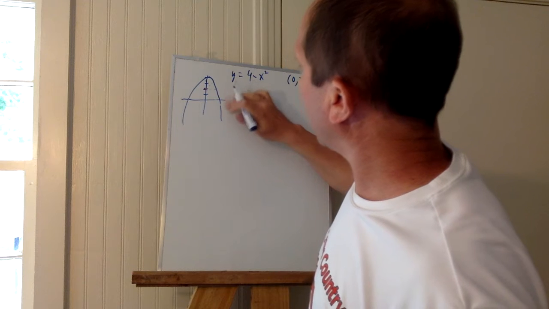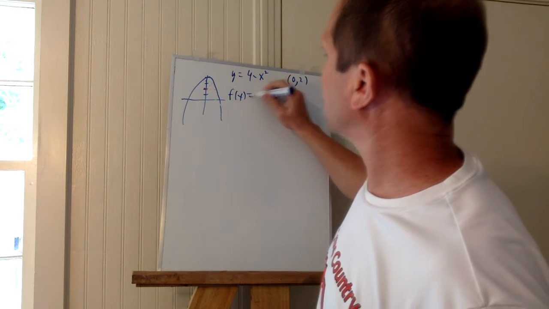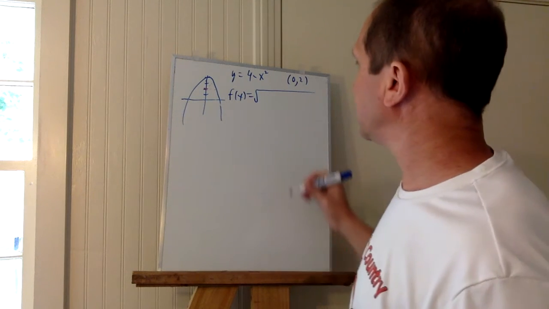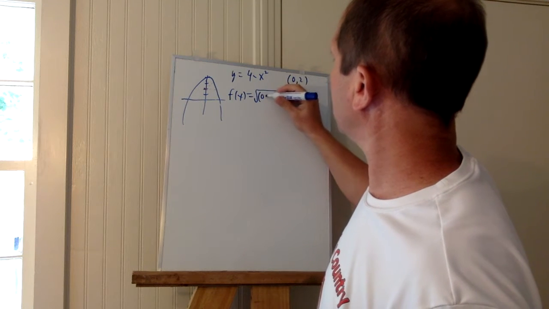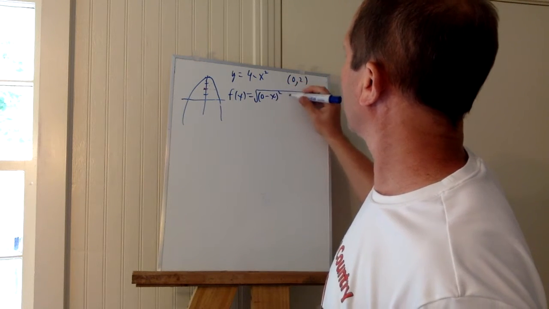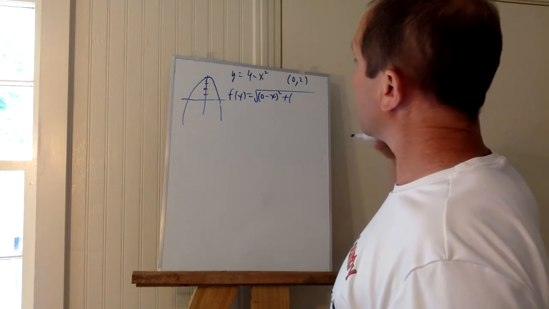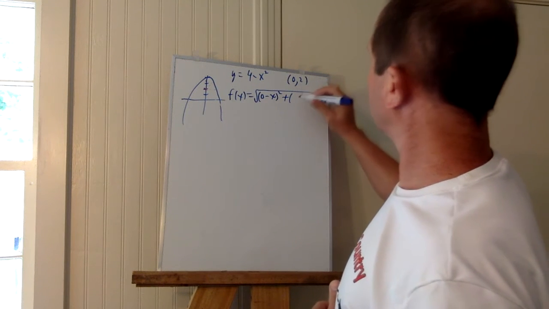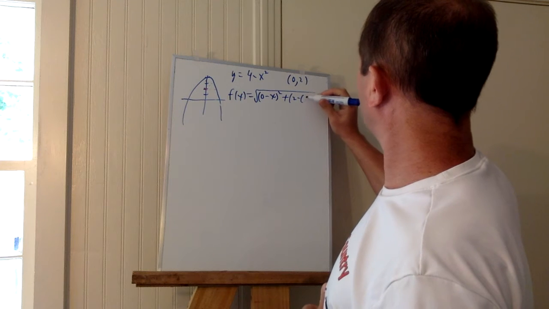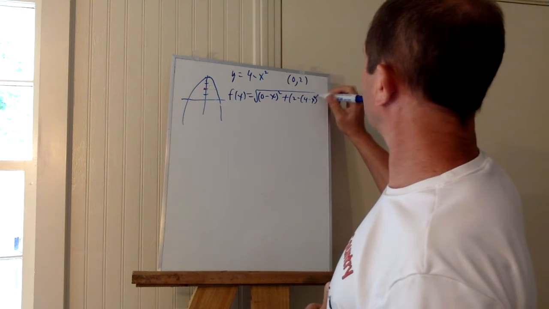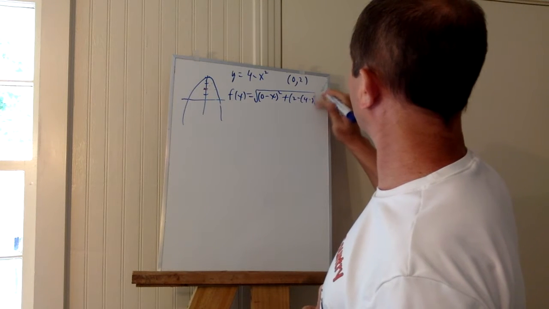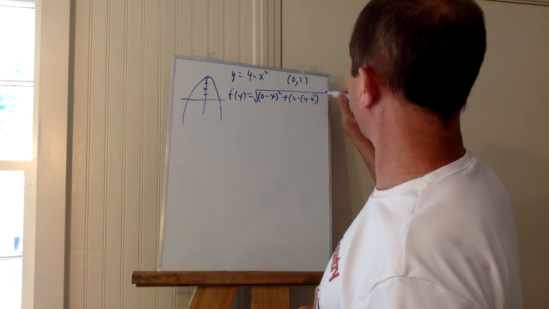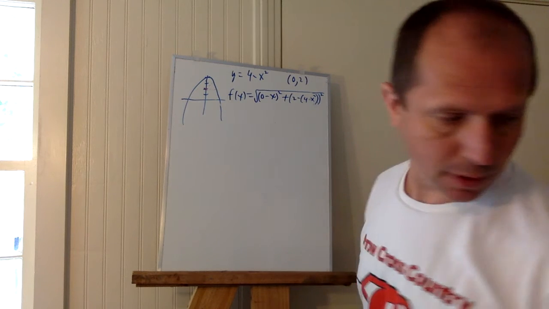So our formula would be f of x equals the square root of the distance between a point, the change in x's squared, and now my y is going to be 4 minus x squared, so it's 2 minus (4 minus x squared). And all that's going to be squared.